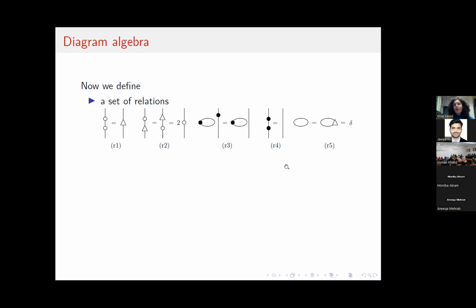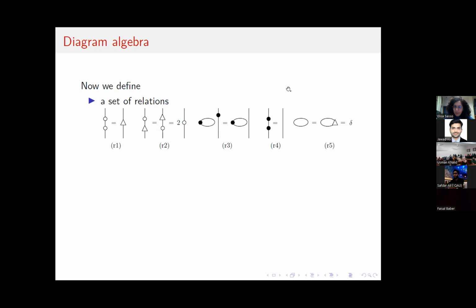Now we have 5 more relations to follow. So it was easier before because it was just one relation. Now we have 5 more relations. And it means that every time we take 2 consecutive white circles, they become a white triangle.